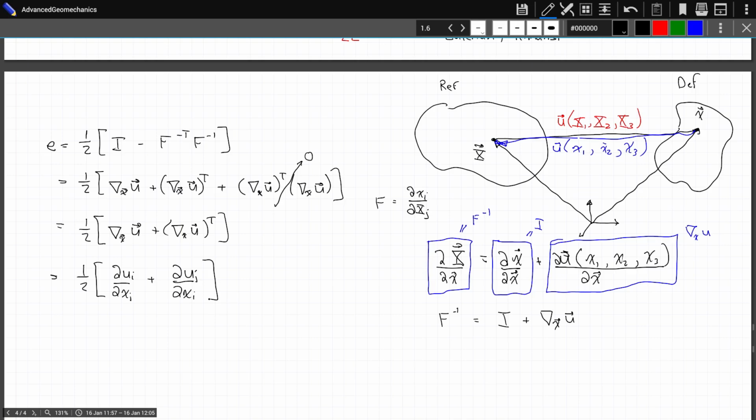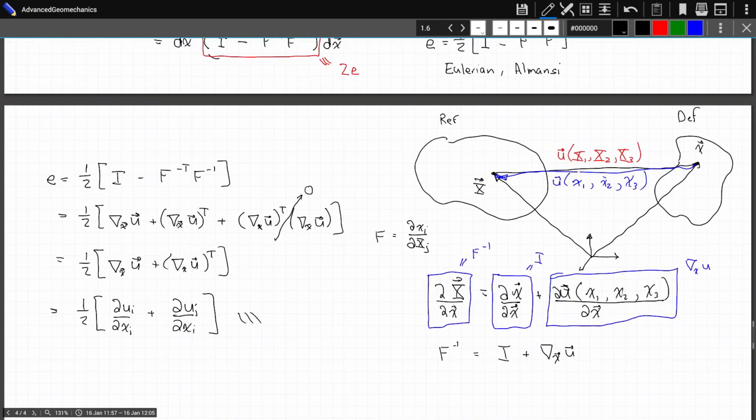Okay. And so that is the linearized Eulerian strain, okay? And you see it looks exactly like the linearized Lagrangian strain, right?